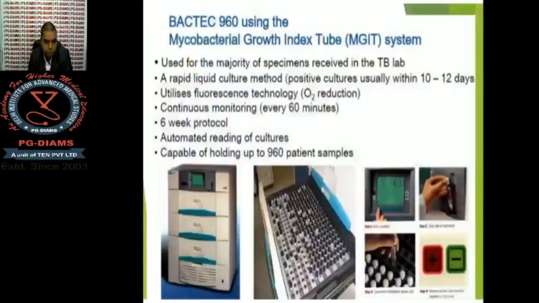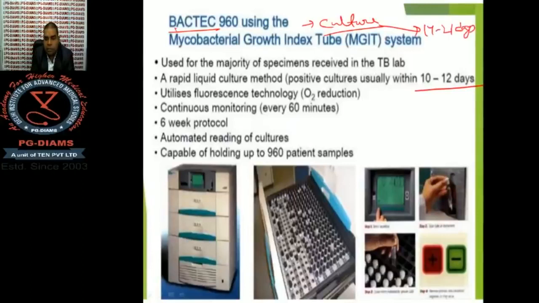Now, what is the BACTEC test? That was the third option. The BACTEC test is a replacement to the culture. Previously you used to do culture, but now we do the BACTEC test. Why? Because the BACTEC test gives the result within 10 to 12 days, whereas culture gives the result by 14 to 21 days, mostly by 21 days. Second, the BACTEC test detects the CO2 produced and the reduction in O2, which is biologically detected by this machine.